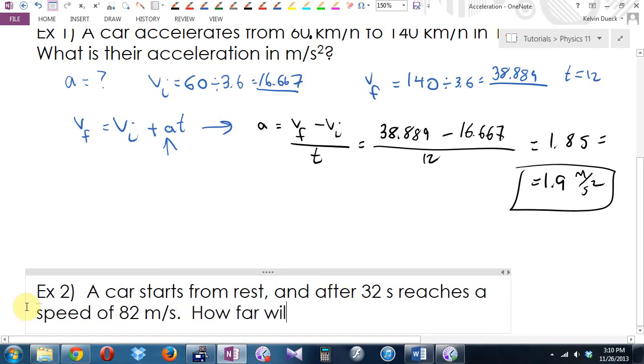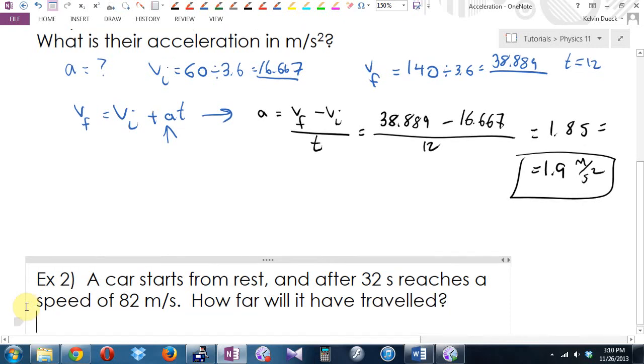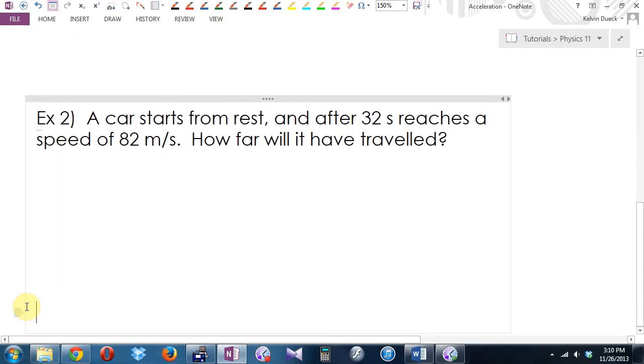How far will it have traveled? A car starts from rest and after 32 seconds reaches a speed of 82 meters per second. How far will it have traveled? What's this question asking me to find?